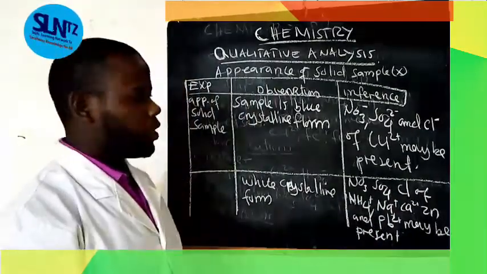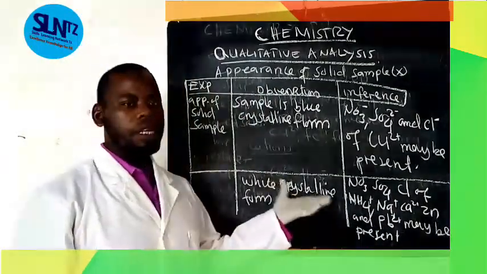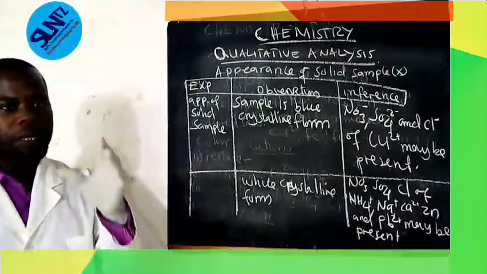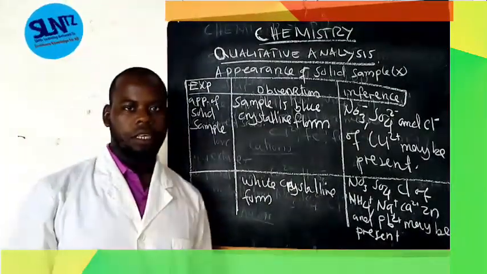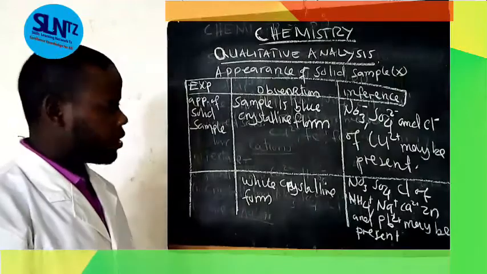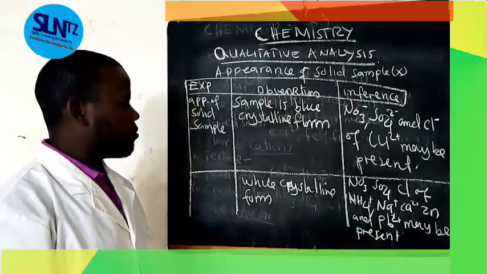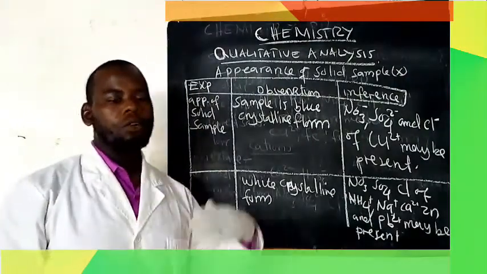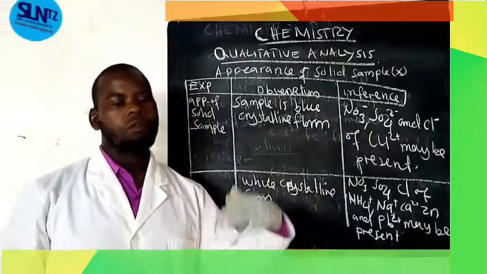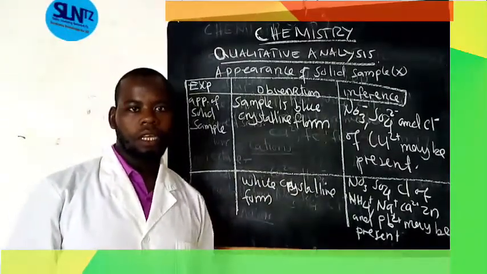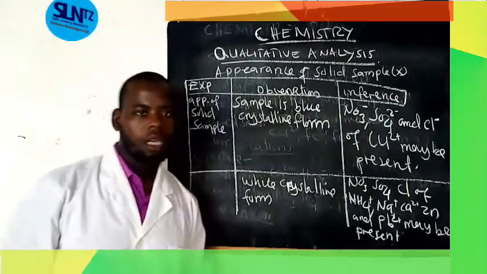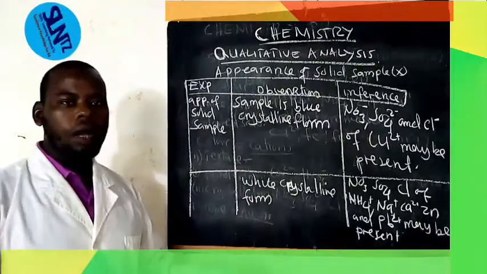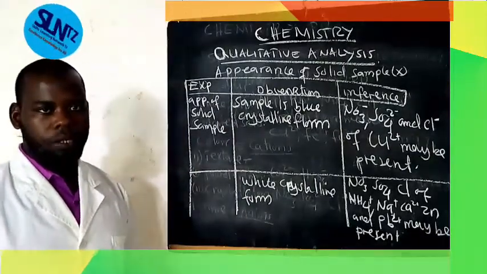I think you have seen how I have presented it. Don't copy everything from the sheet. When you go to another step, action of heat, flame test, action of concentrated sulfuric acid, dilute hydrochloric acid, you will see how you have to write your report.